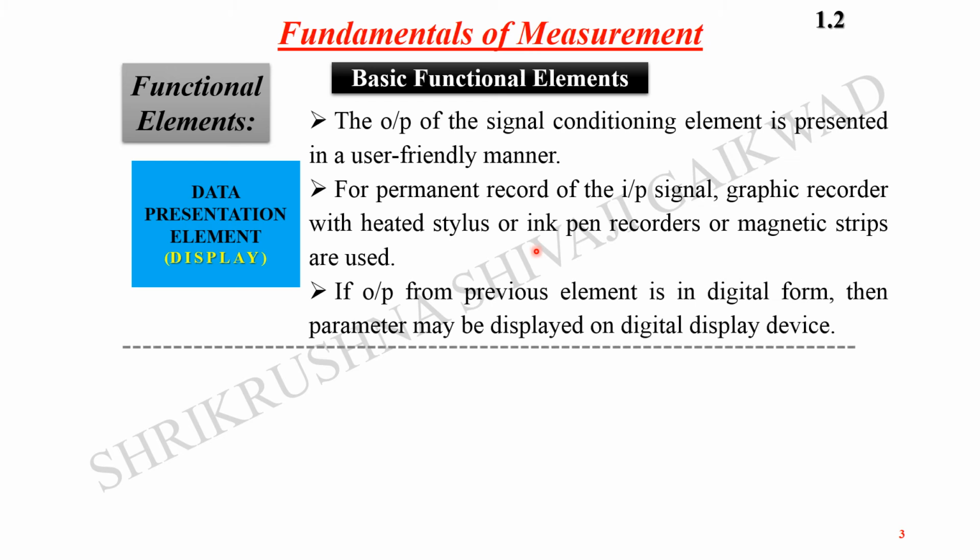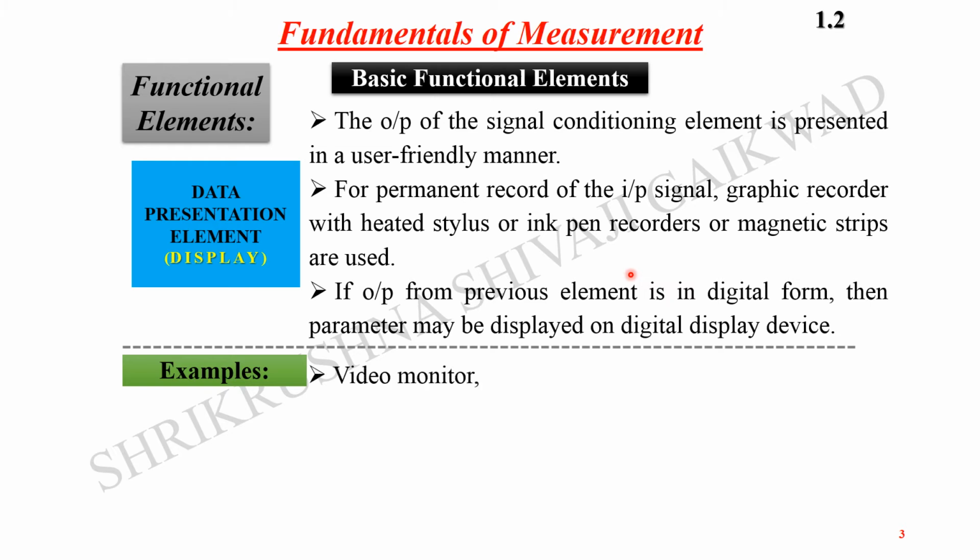If the output from the previous element is in the digital format, then the parameter may be displayed on digital display devices. That comes under the data presentation element. What are the examples of this data presentation element?